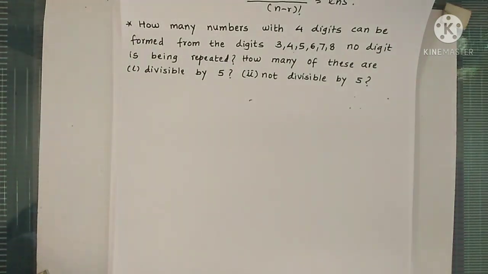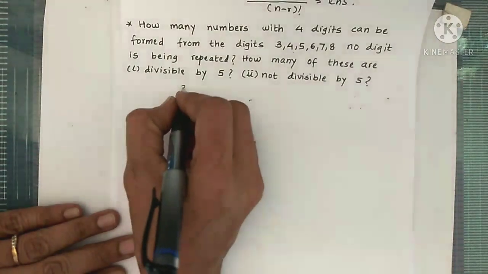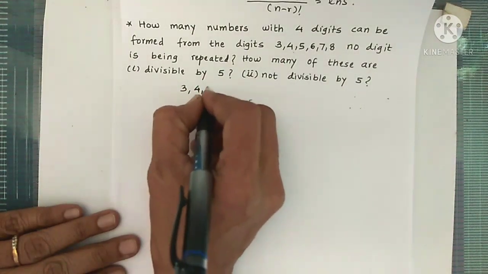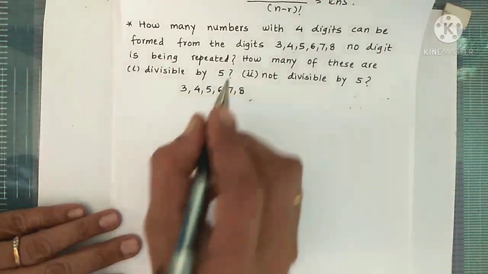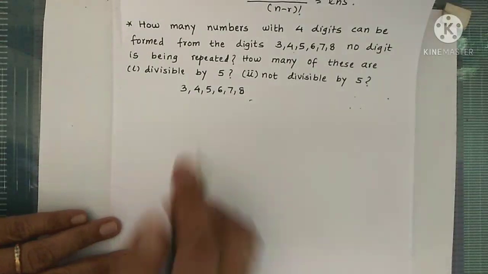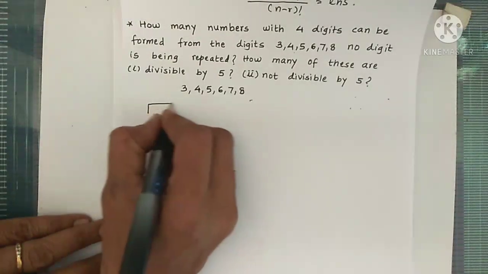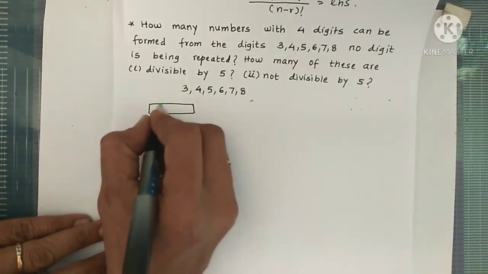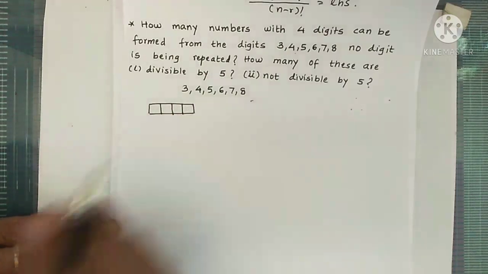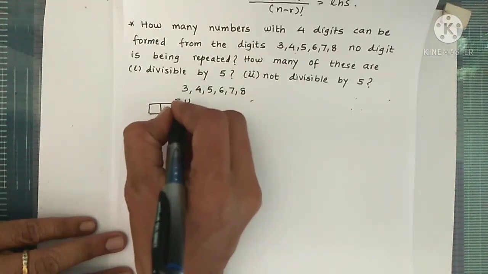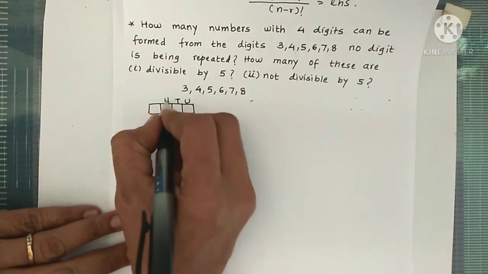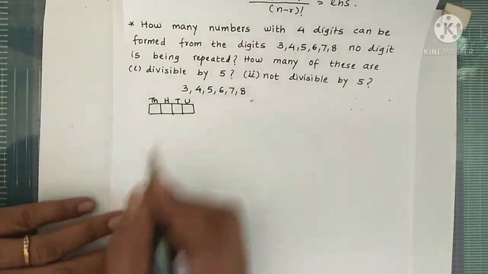So first let's find out the total number of numbers which can be formed using the digits 3, 4, 5, 6, 7, 8. So these are the given digits. Now we want to form a 4-digit number. That means we have to fill these 4 places: units place, tens place, hundreds place, and thousands place.